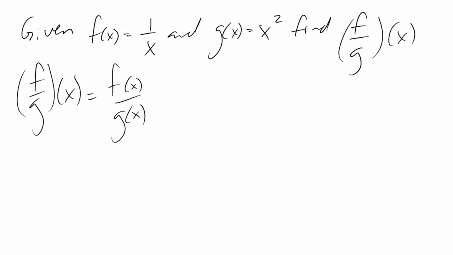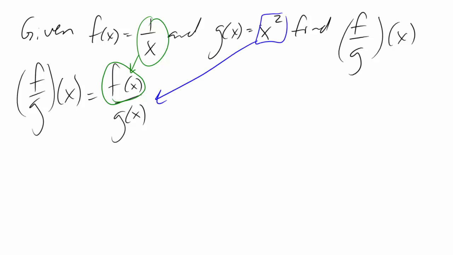So what we're going to do then is take our f of x equaling 1 over x and plug it in for the numerator here. Similarly with our g of x being x squared, I'm going to plug it into our denominator there. So this will give us 1 over x over, or divided by, x squared.